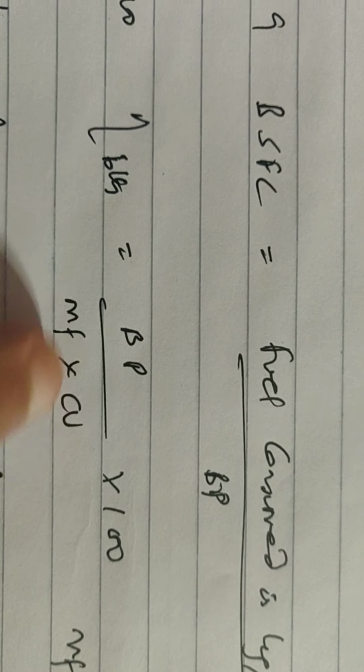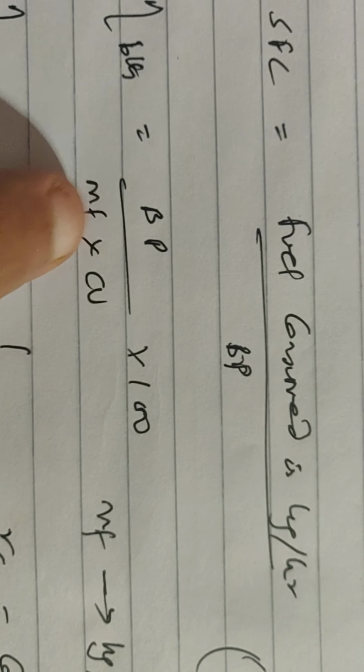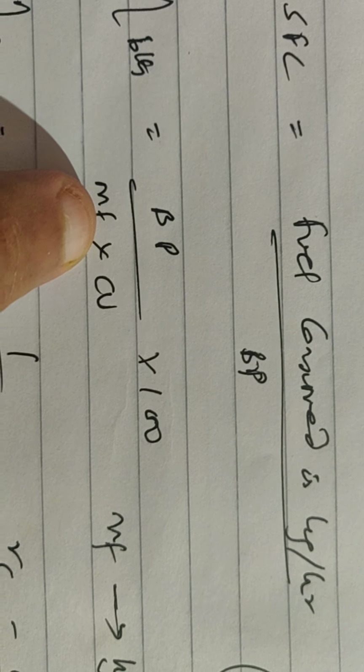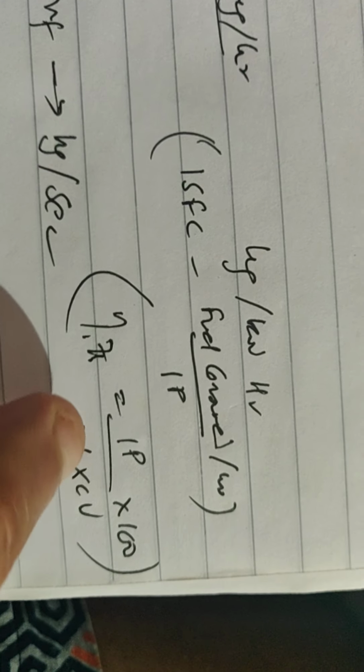Brake thermal efficiency or indicated thermal efficiency: BP divided by mass of fuel into CV. Here the brake power is kilojoules per second, therefore mass of fuel will be kg per second. Similarly for indicated thermal efficiency, IP divided by mass of fuel into CV, where mass of fuel is kg per second.